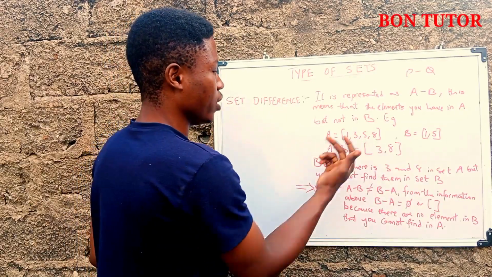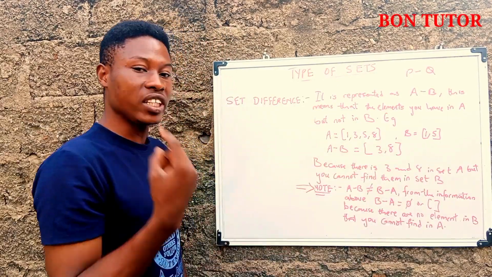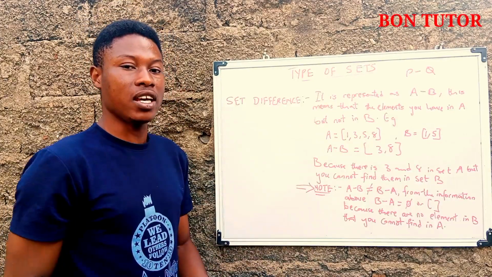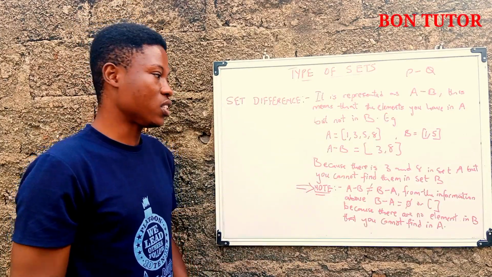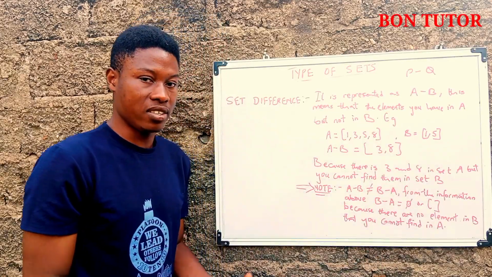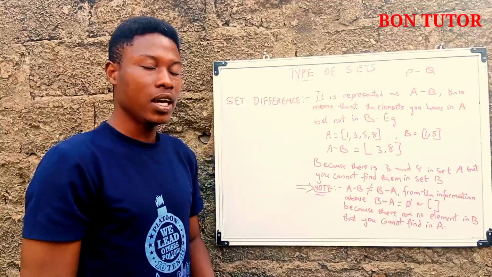But you have 3 in A and you can't find it in B. Then 3 is the first element that you can find in A and not in B. So it will be the first element of the difference of the two sets. And 8, which you can find in A but you can't find in B, is the second element. Because the 5 you have in A, you also have in B.